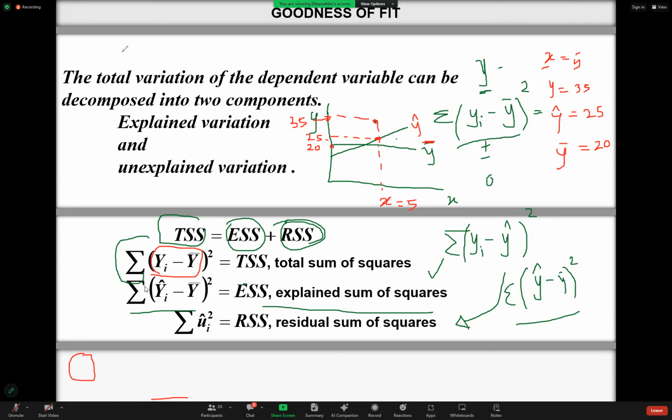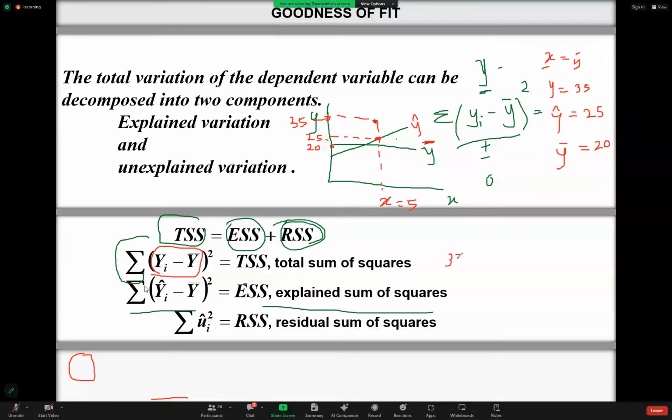Then for this example, y is equal to 35, y bar is equal to 20, then the variation of y is equal to 15. Is it clear? That means this area.